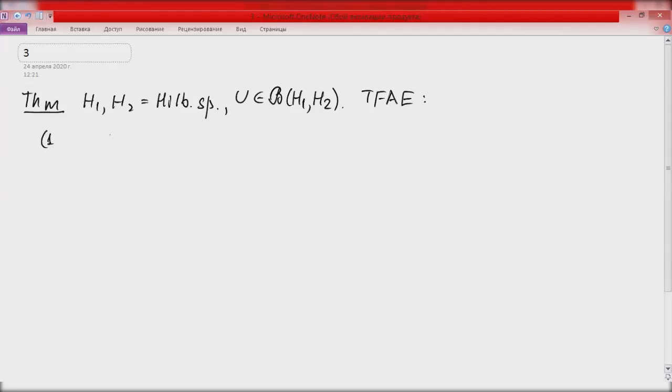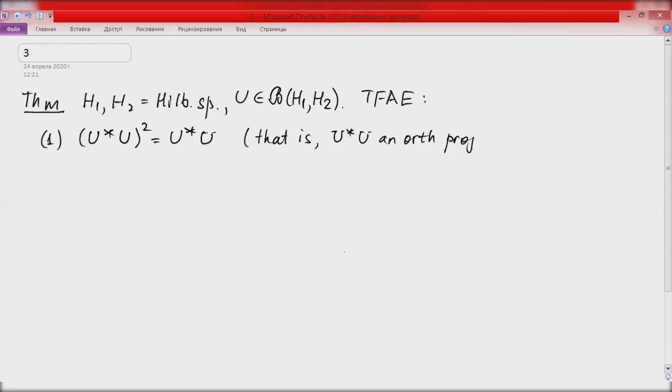Condition 1: U satisfies the following identity. So by the previous proposition, this means that U star U is an orthogonal projection. It is obviously self-adjoint, and this equality means that this operator is a projection.